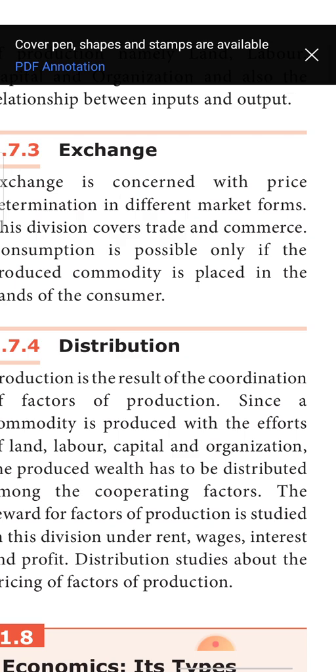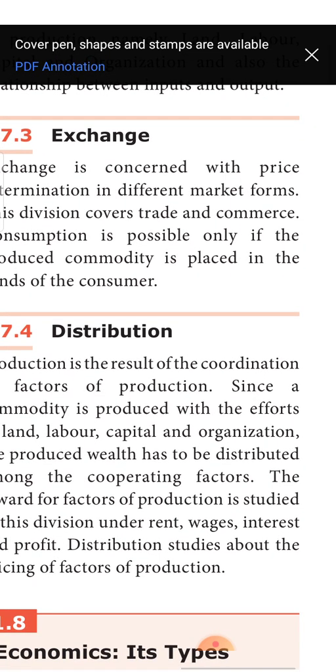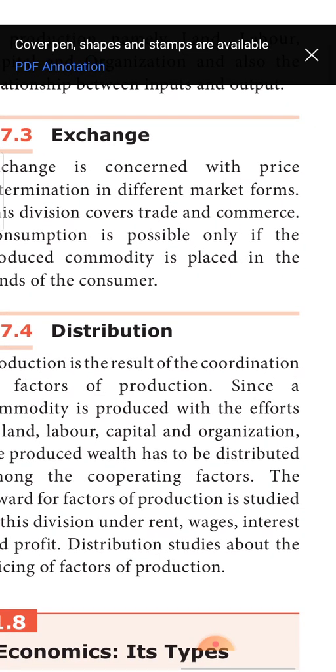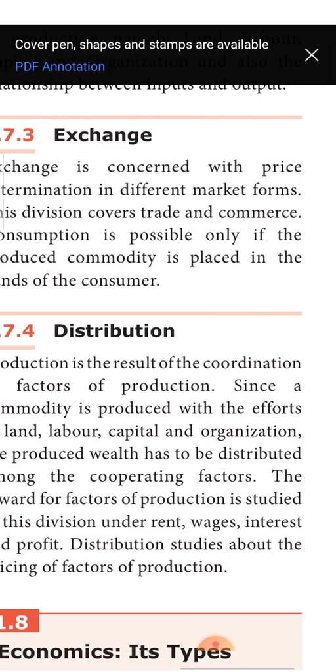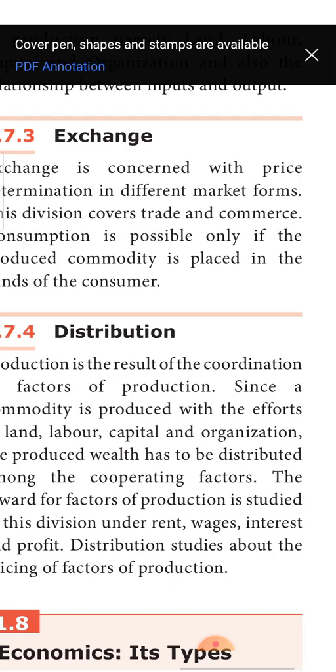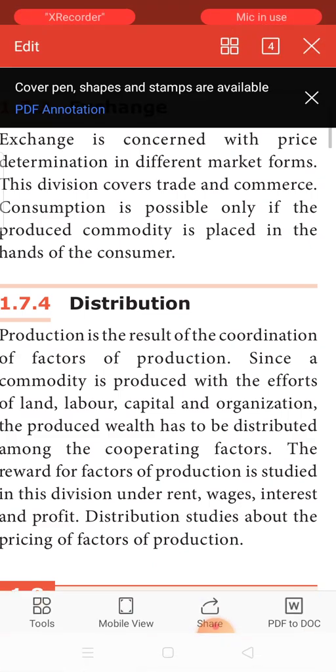Production, consumption, distribution and exchange. A very small homework only I am giving. Okay, let us stop with this itself. So I want you to do the subdivisions, that is the different types of economic activities, as homework. That is all for today's class.